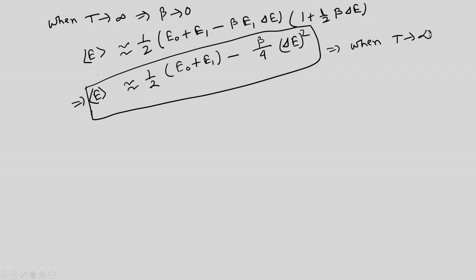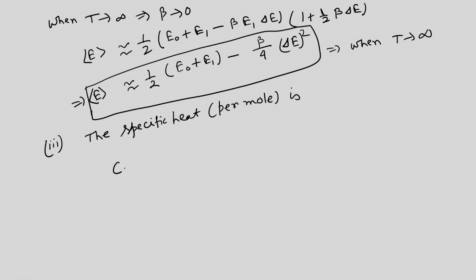Now, problem number 3. We need to calculate specific heat. Okay, the specific heat per mole is C equals Na del E average by del T. So, you can go specific heat per mole, you consider C bar actually.